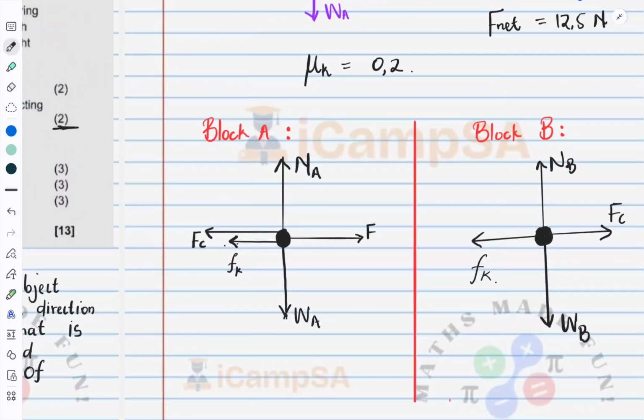If it was the normal question where they just ask you for a normal free body diagram, it was supposed to be 4 marks, but instead it's 2 marks, which means the special instruction is that you must only include these.